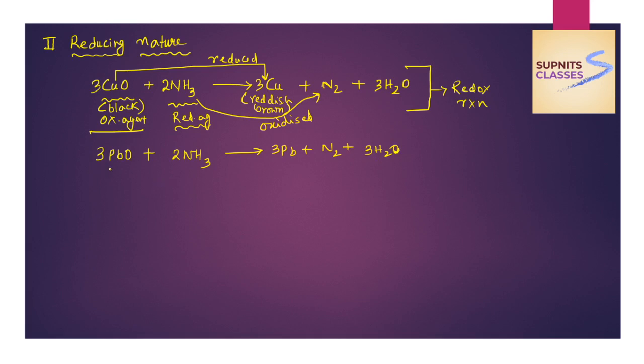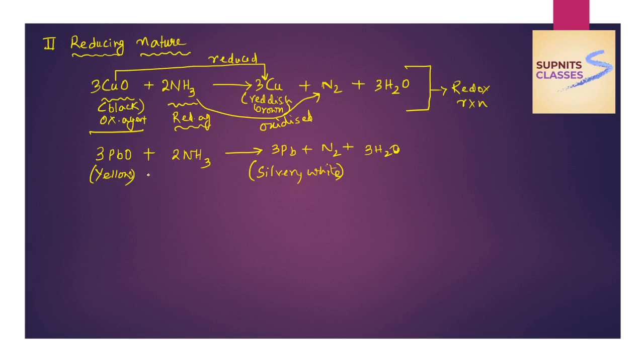But here also people can ask you what the color change is. So observation is important. Yellow to silvery white lead. Silvery white, sometimes silvery gray. I'll write silvery white. So this is again the same redox reaction, nothing else.